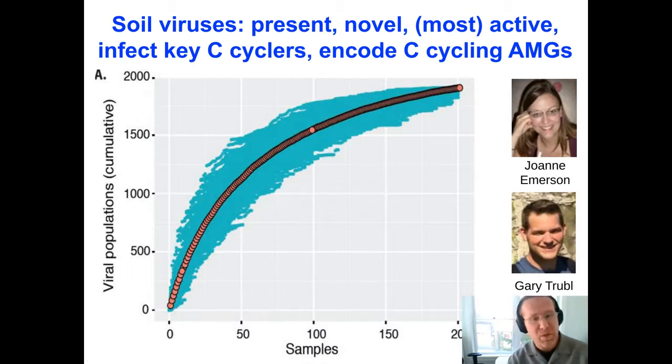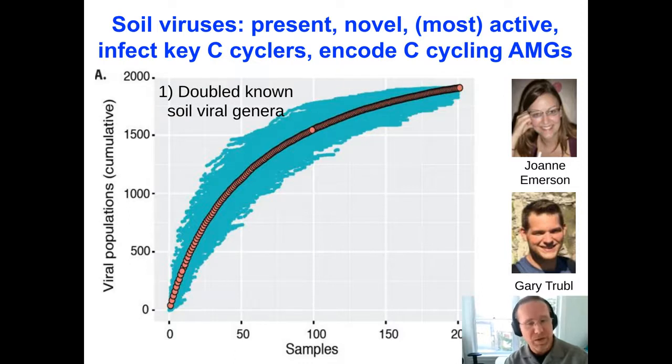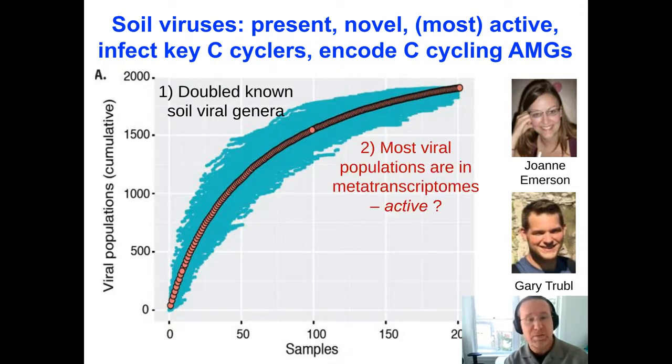So we're seeing viruses. First of all, they're clearly present, and those numbers are getting quite high. We've doubled known soil viral genera. Most of these viral populations appear to be active. A big question in soils is whether viruses are just inactivated or relic in response to soil physicochemical interactions with soil particles and minerals.